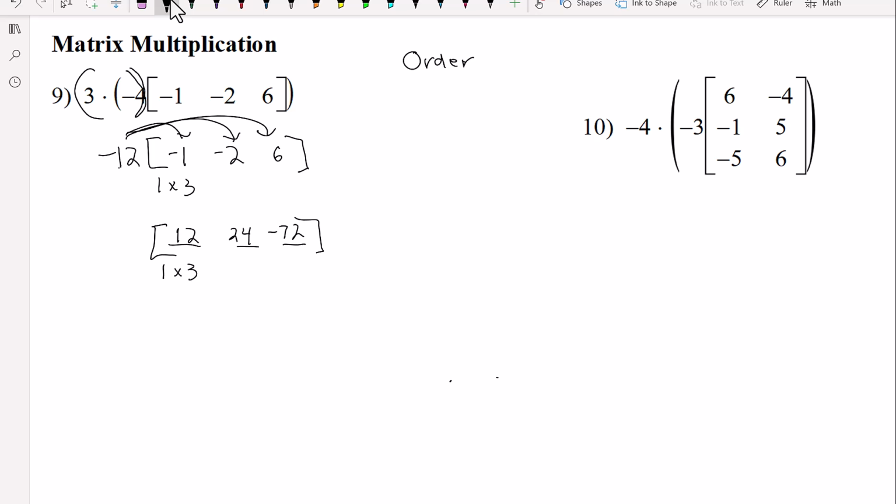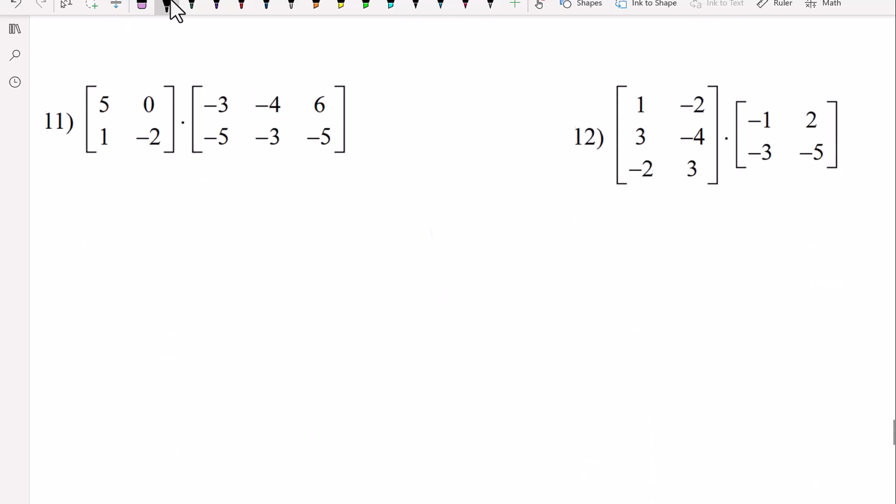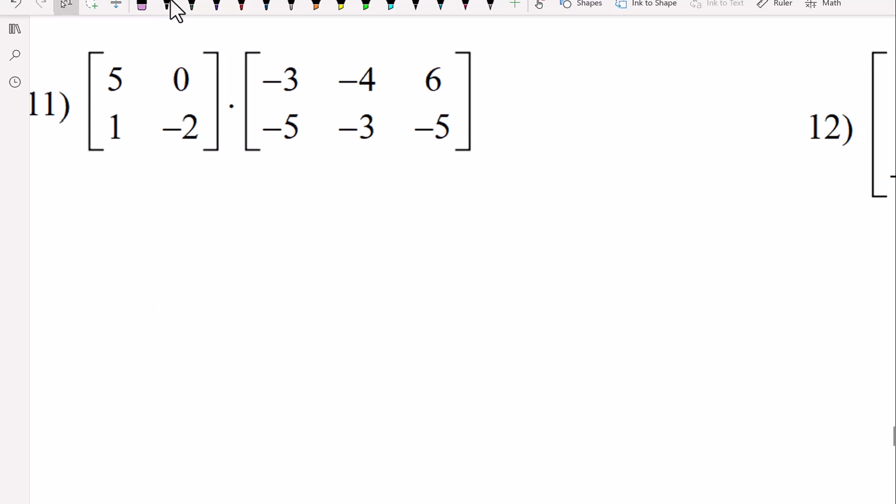All right. What I want to really get to, though, is matrix multiplication. So, first step, identify size of each matrix and label. So this is 2 rows by 2 columns. This is 2 rows by 3 columns.